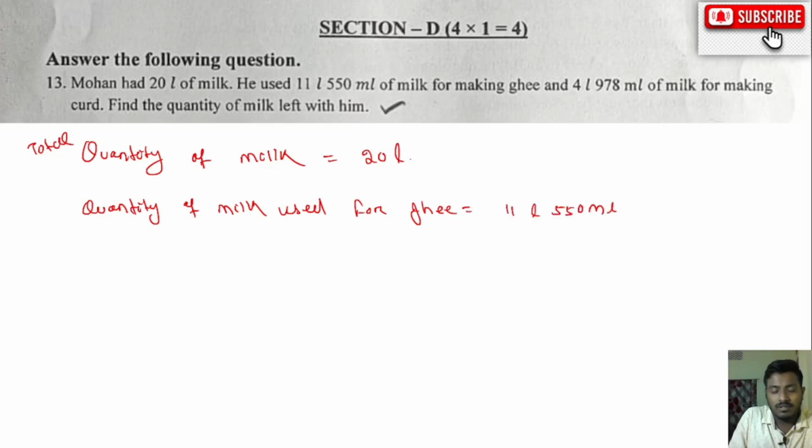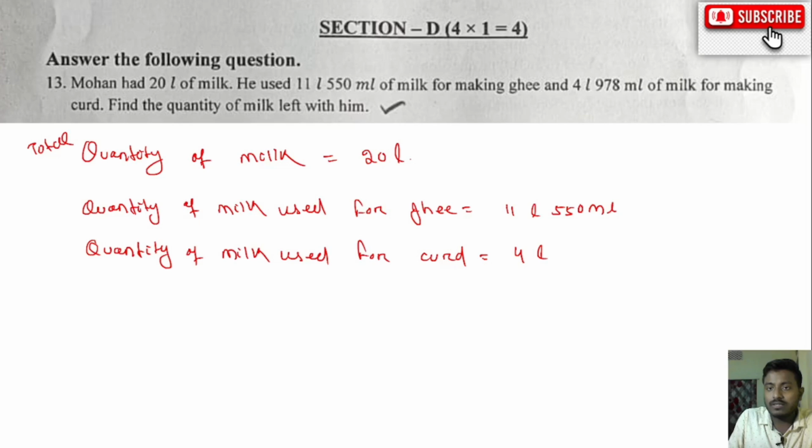Now we can write quantity of milk used for curd, means dahi, curd, equal to 4 liter 978 milliliter. Now write down total quantity used.